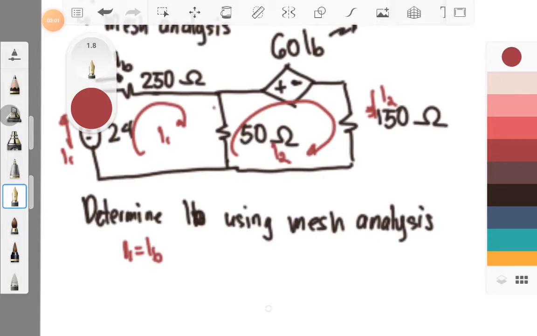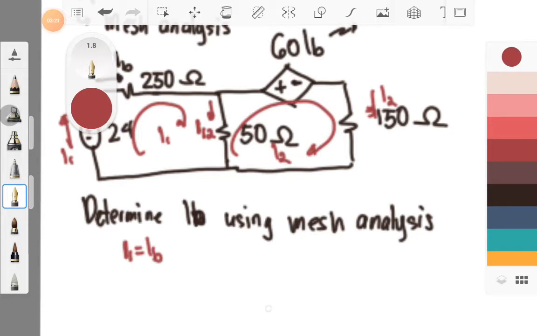And then we also have a passive element which shares a current with another element. So if I go with loop I1, I will call it I12. As I have said in my previous videos, I1 is the original current, which is affected by your I2 current.